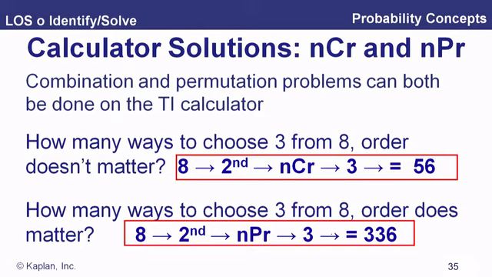How many ways to choose 3 from 8? Okay. N is 8. We use the second function, the nCr key, and 3 is our R, and then equals, we get 56. If we do nPr in that same sequence, permutations, we get 336.